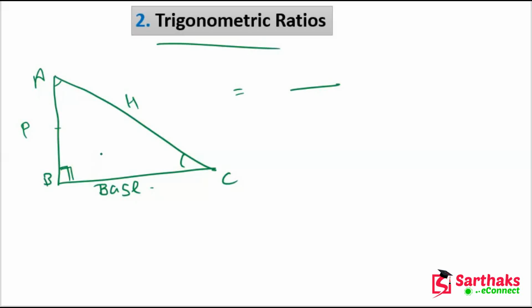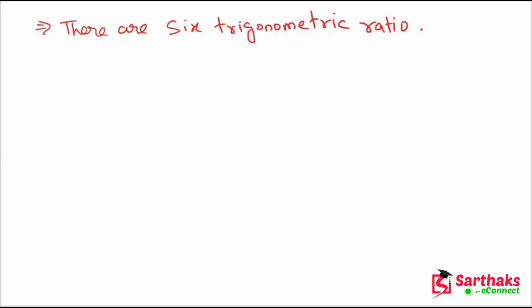There are 6 trigonometric ratios. First is sine, which is written as sin. Second is cosine, written as cos.